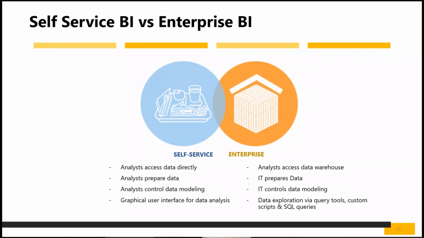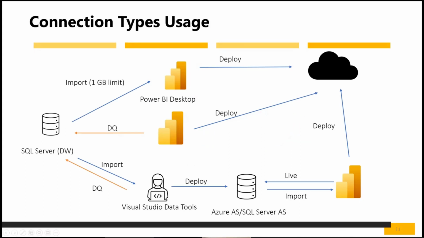We'll get more idea about connection type usage. In this diagram, on the left hand side, there is a SQL Server, the place where the data warehouse stays, and here there is a Power BI report. If you import data into the Power BI report, you can get only a 1 GB limit data set, and that is the limitation there. After that you can deploy it in the Power BI service in the cloud.